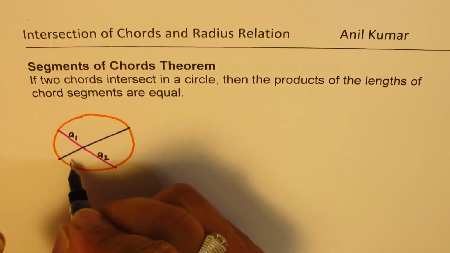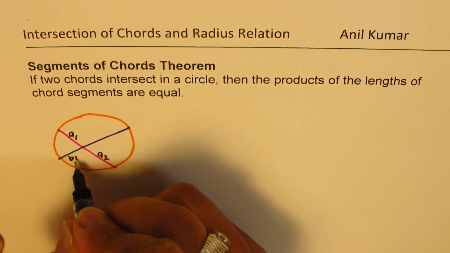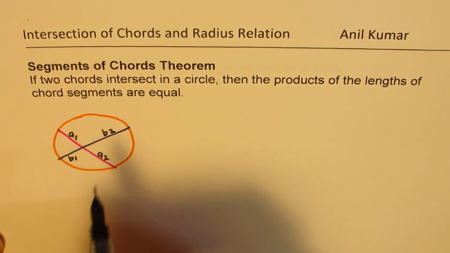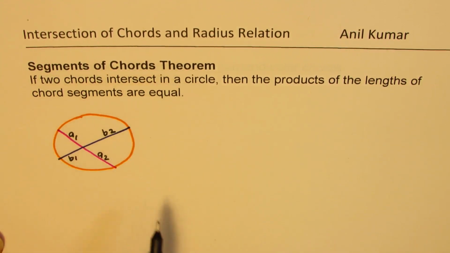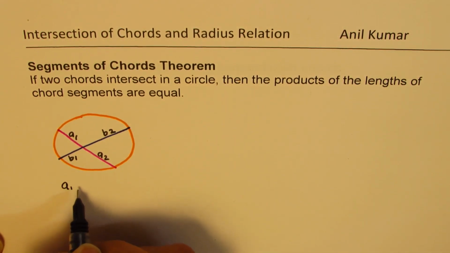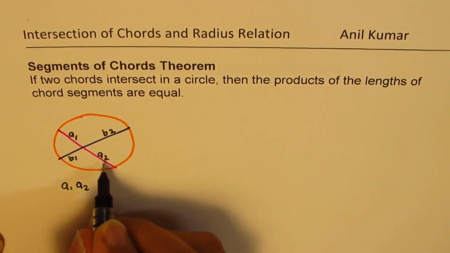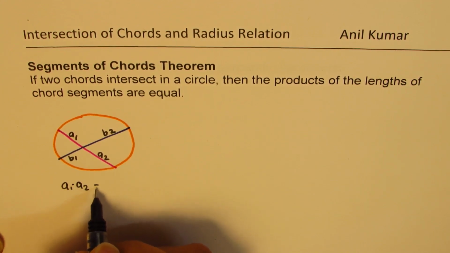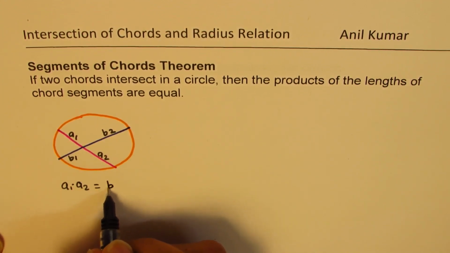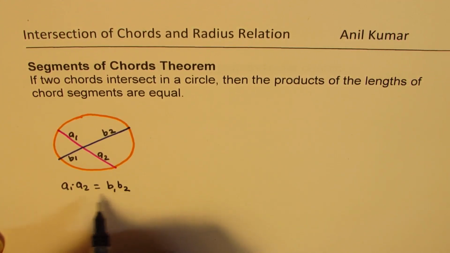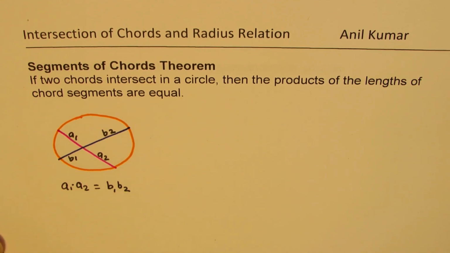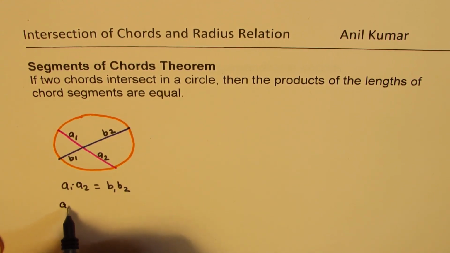The other chord shown in blue, let's say the chord segments are B1 and B2. Then according to this theorem, A1 times A2, the product of these two lengths, is equal to the product of the other two lengths, B1 times B2. Right. So this is a general formula for any two chords.